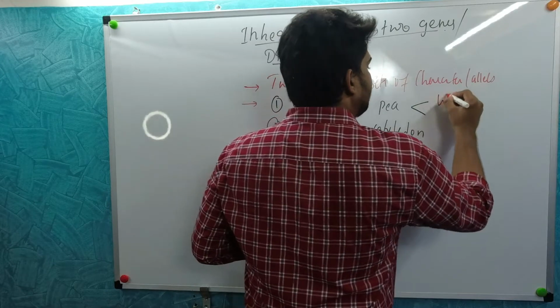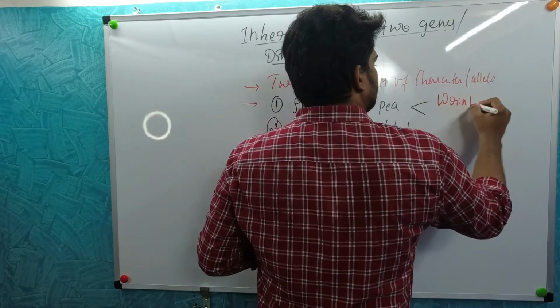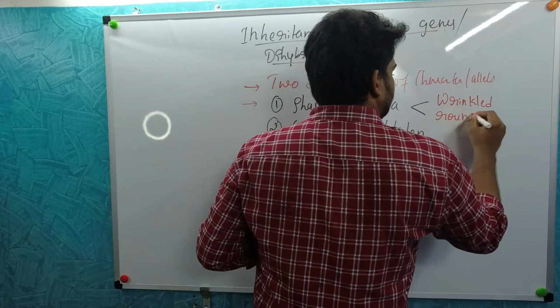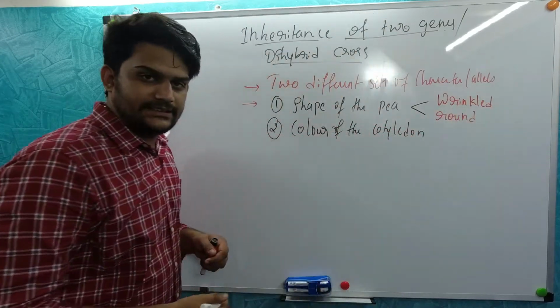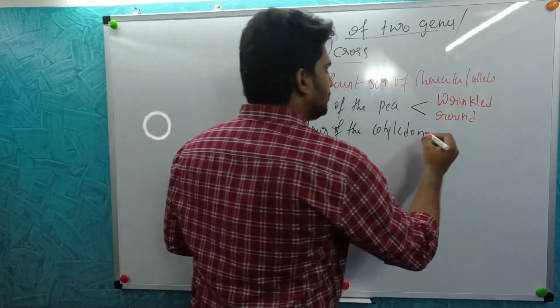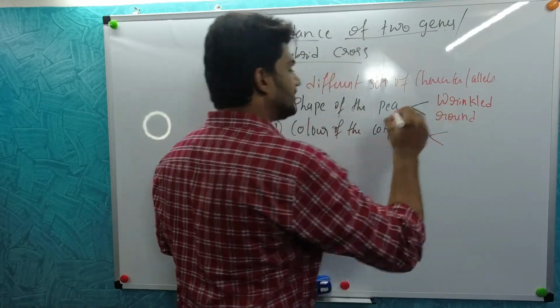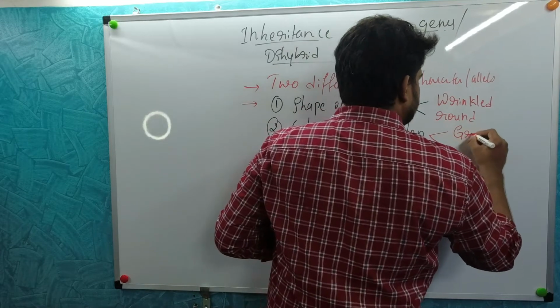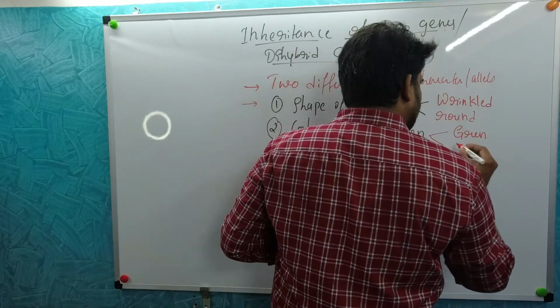There were two shapes of the pea: one was wrinkled and another was round. There were two colors of the cotyledon: one is green and another is yellow.